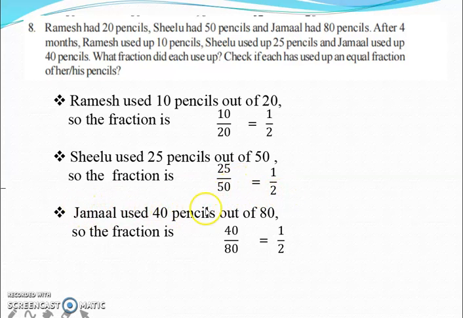Jamal used 40 pencils out of 80. So 40 upon 80, we can reduce to 1 by 2. All are equivalent fractions. Okay, because here also 1 by 2, here also 1 by 2, here also 1 by 2. So all used an equivalent fraction of her or his pencils.